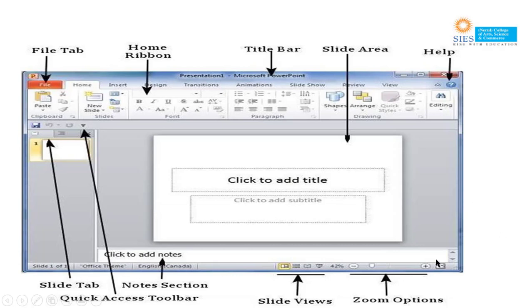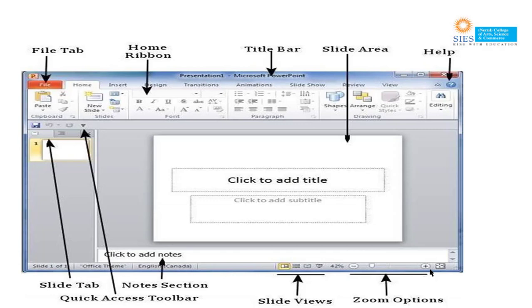Next one is the zoom options. See, these are the zoom options. This control lets you zoom in for a closer look at your text. The zoom control consists of a slider that you can slide left or right to zoom in or out. You can click the minus and plus buttons to increase or decrease the zoom factor.